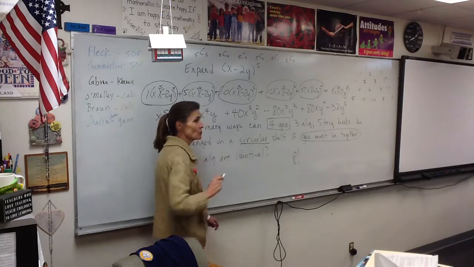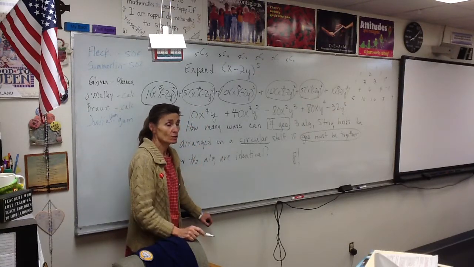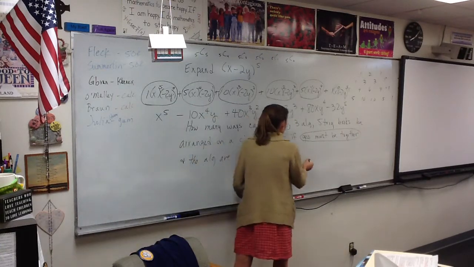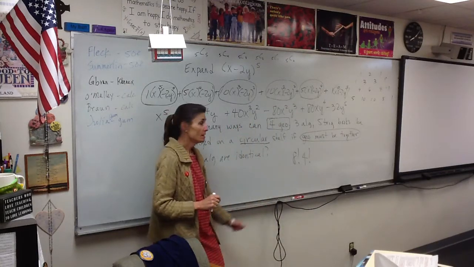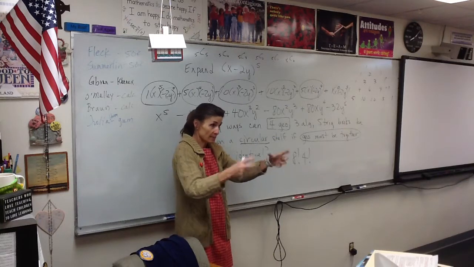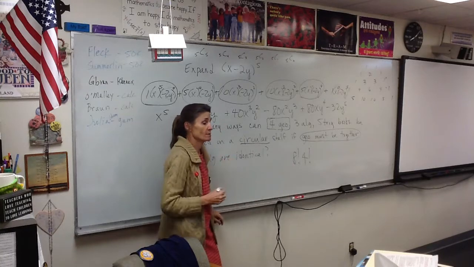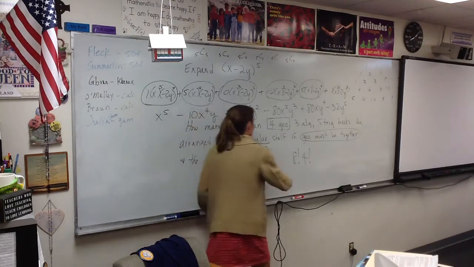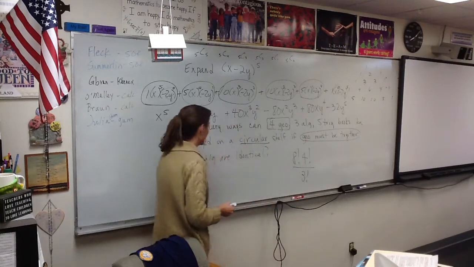Now, what else do you have to put in the problem? That's where you start, but now there's other stuff. What else do you have to put in there? You're going to have to multiply this by 4 factorial. Why? Because of the geometry books. Because when you tied a string around them to keep them together, you could have done that 4 factorial ways. What else? Divide by 3 factorial, because why?